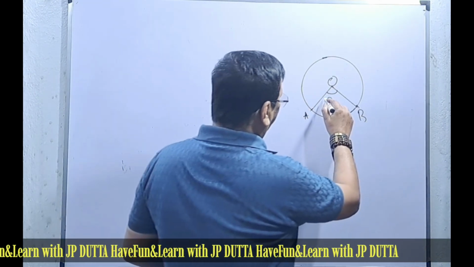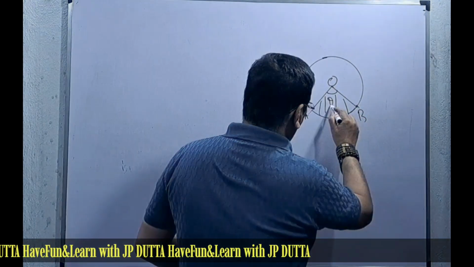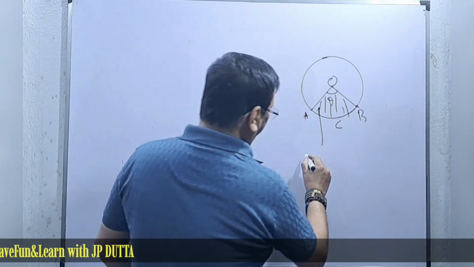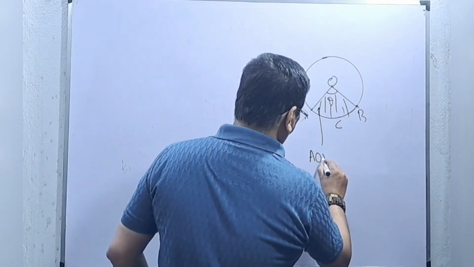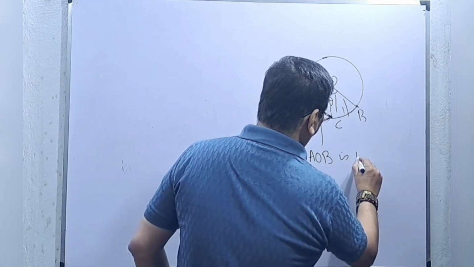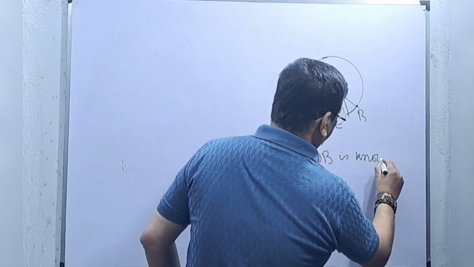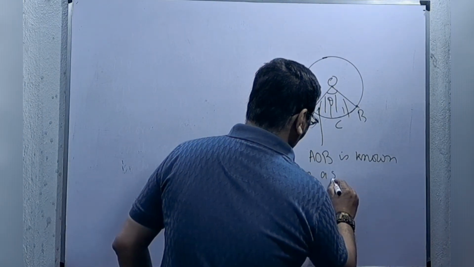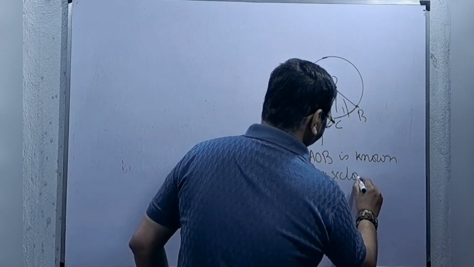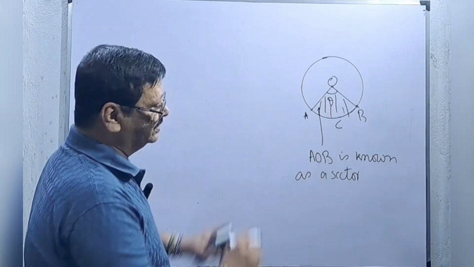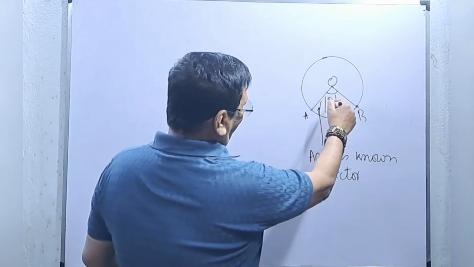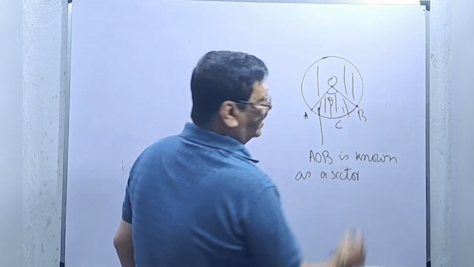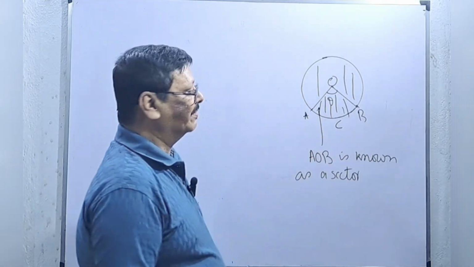Right, now this part, AOB, is known as a sector, right? Now since this angle is theta, this will be the major sector, right? And this will be the minor sector, correct?